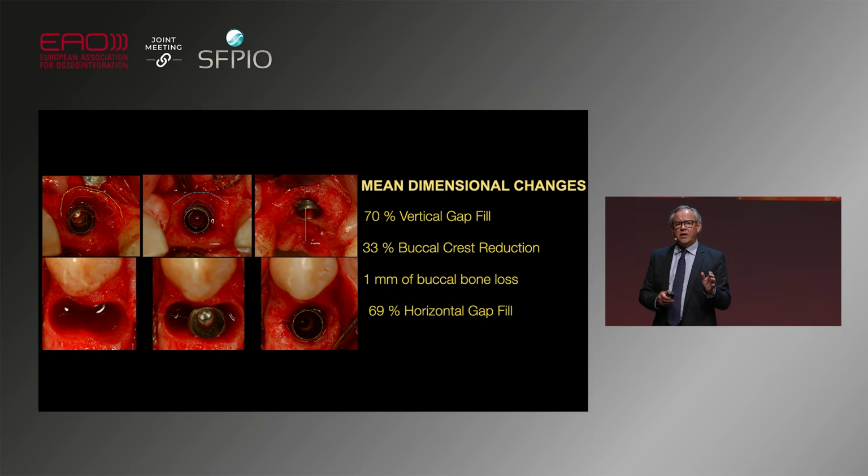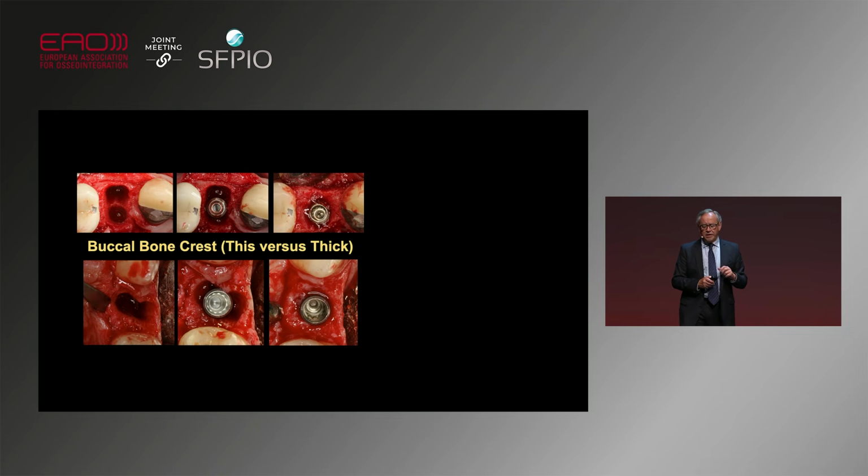Of course, if we take only the mean dimensional changes, the mean results, then you have an average idea of what happens. Basically, most of the gap is filled with new bone. We have about 1/3 of the buccolingual dimension that is reduced, and we lose about 1 millimeter. But clearly, there are many differences.